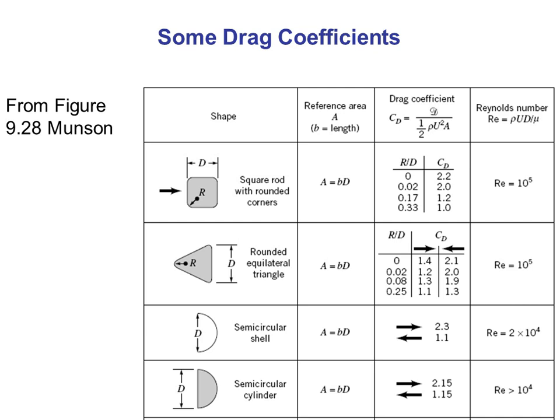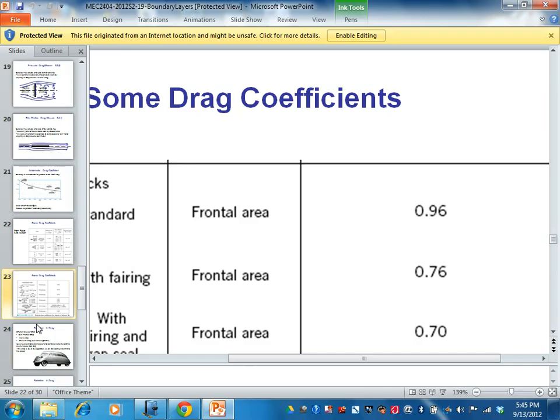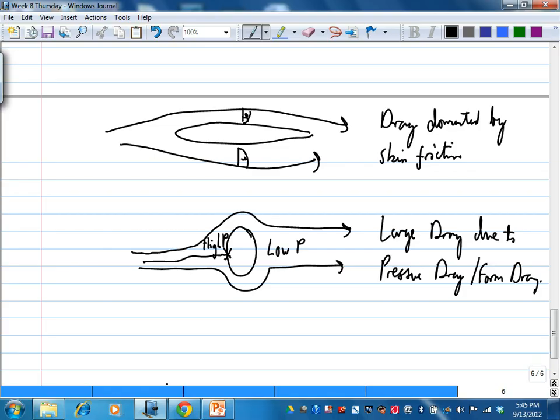So let's say for a typical geometry, area equals 5 by 1. Drag coefficient CD is 2.3.